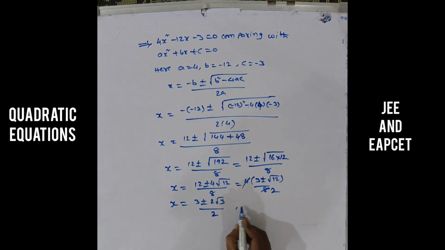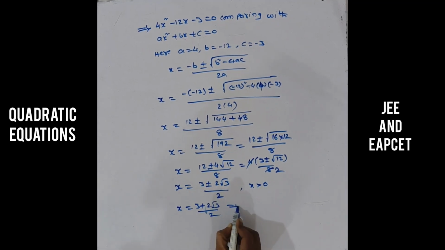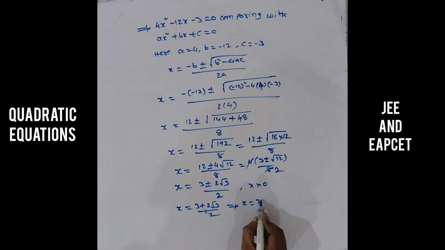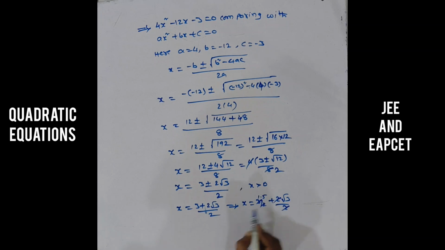Here x is greater than 0, so if you take x is equal to 3 plus 2 root 3 by 2, this implies x is equal to 3 by 2 plus 2 root 3 by 2. 2 cancel. Here 1.5. x is equal to 1.5 plus root 3 is the final answer. That's enough. Thank you.